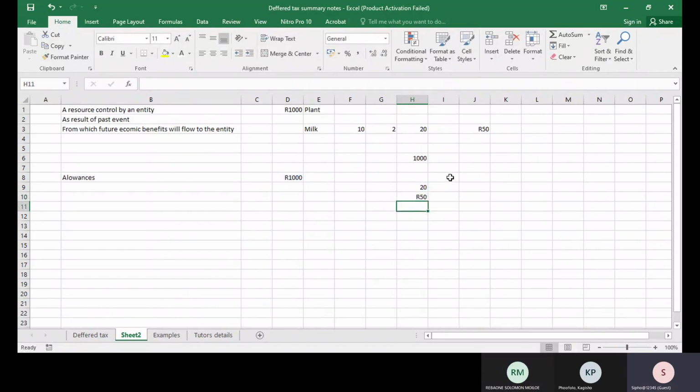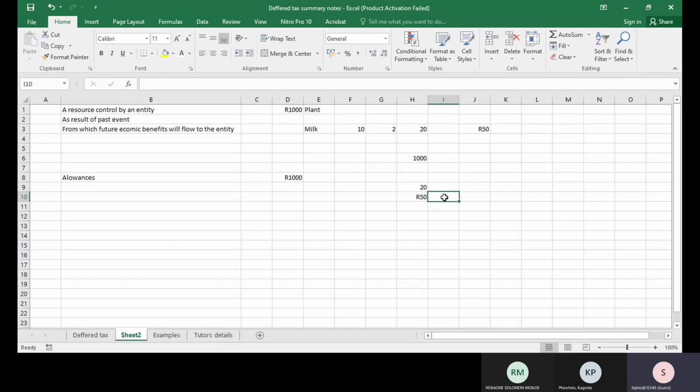You are generating revenue, but I don't want my revenue. Okay, it's fine. We'll sort that one out when we do the example. So every year SARS is going to give you 50 Rand worth of a deduction when you use this plant. You remember those Section 20 allowances.